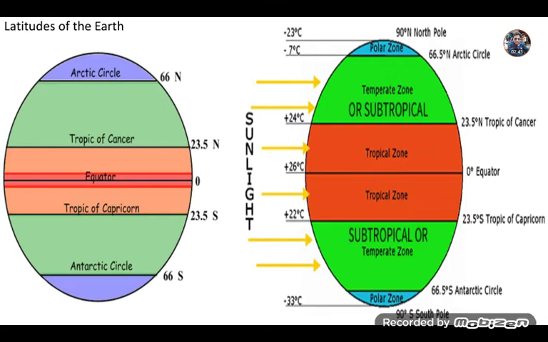So the climate of any country is determined by its latitudinal position. If a country is lying on the Tropic of Cancer, its climate is different from that of a country lying on the equator or the Antarctic Circle. So latitude plays a very important role in determining and influencing the climate of any country.